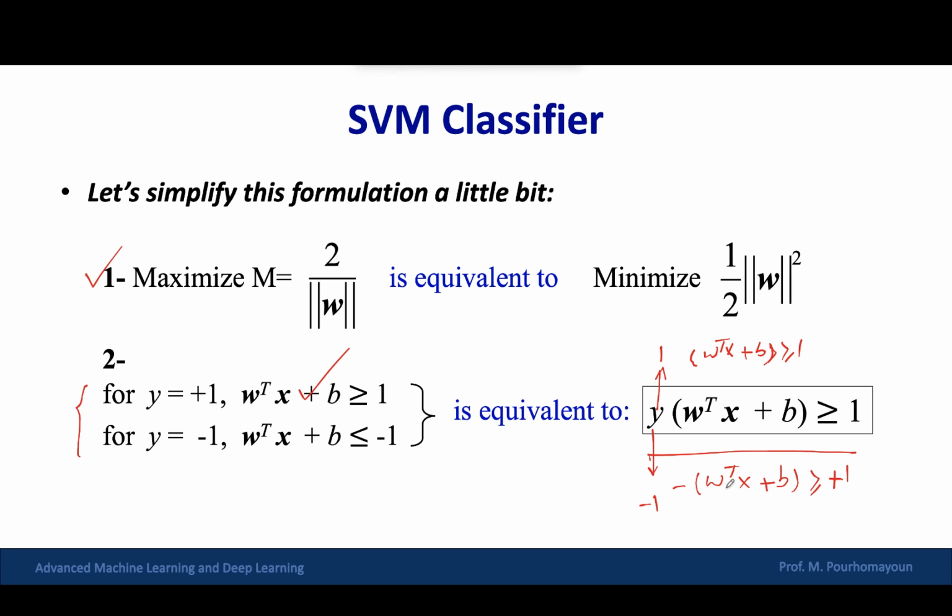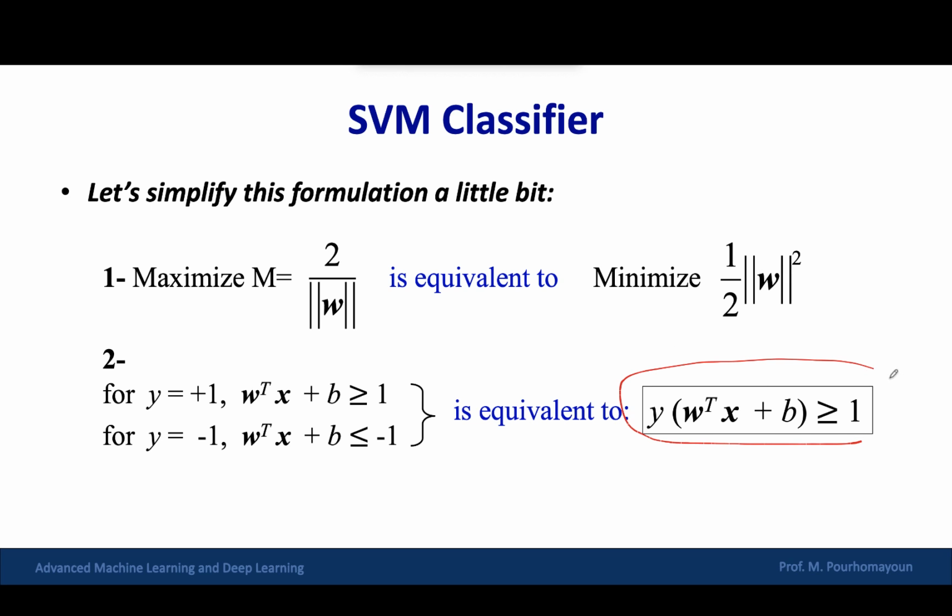If you multiply both sides by -1, then w^T x plus b will be less than or equal to -1, which is this. All right, so this equation alone is equivalent to these two conditions together.